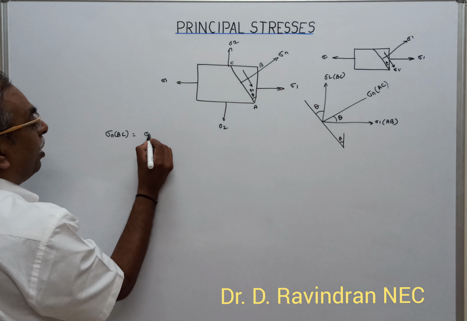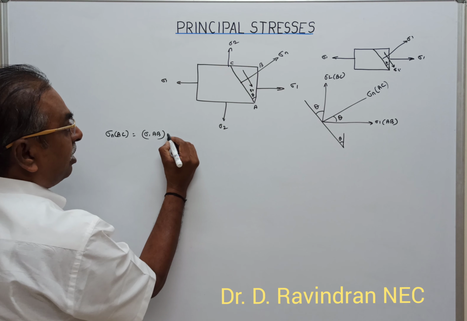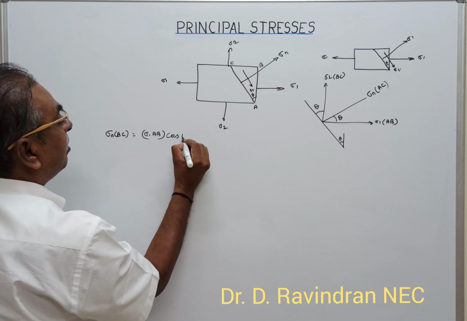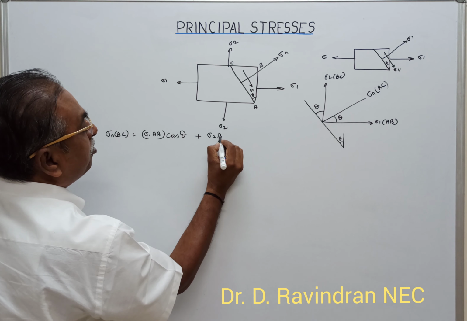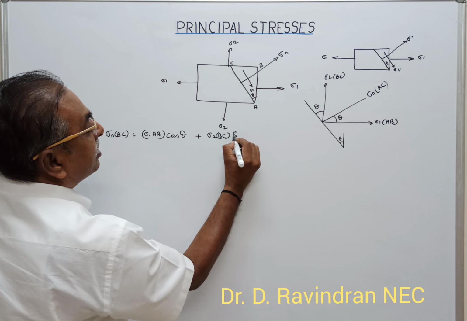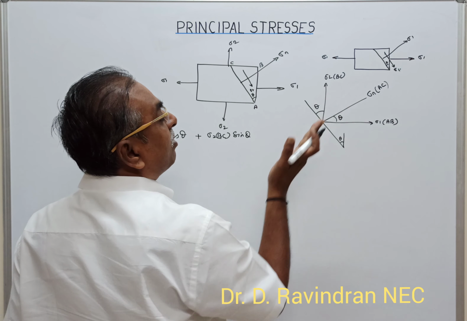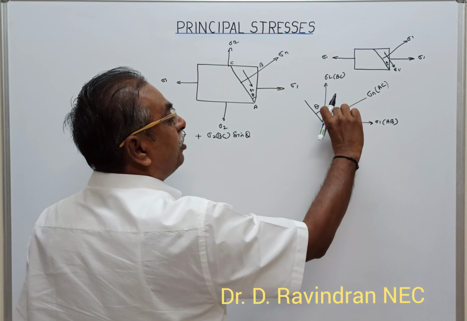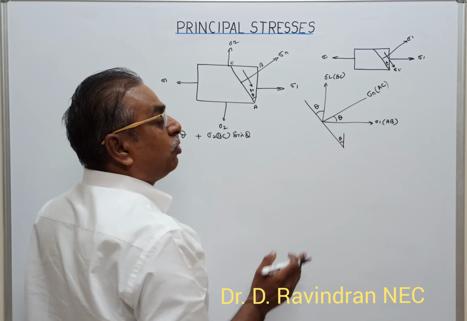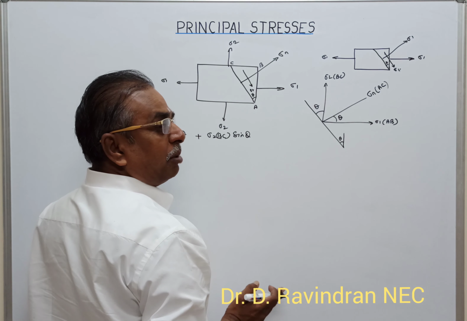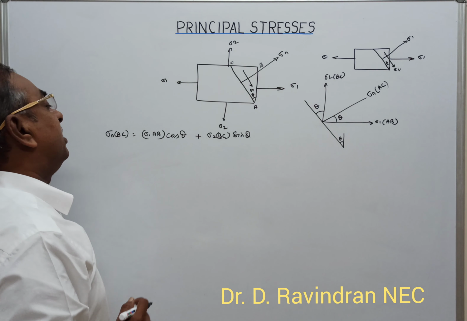So sigma 1 AB into cos of theta plus sigma 2 into BC sin of theta, because this force when you resolve perpendicular to this plane, it is going to compress the angle, whereas with sigma 2, when you resolve along perpendicular to the plane, the angle is going to expand, so we have to put sin theta.